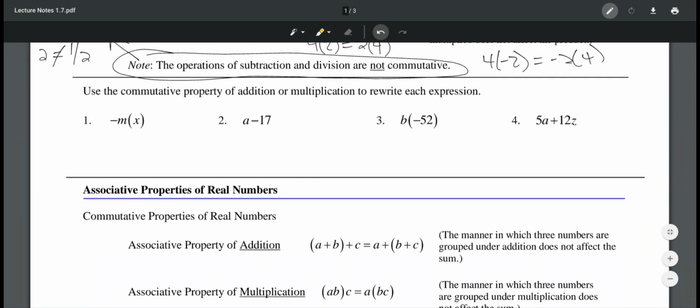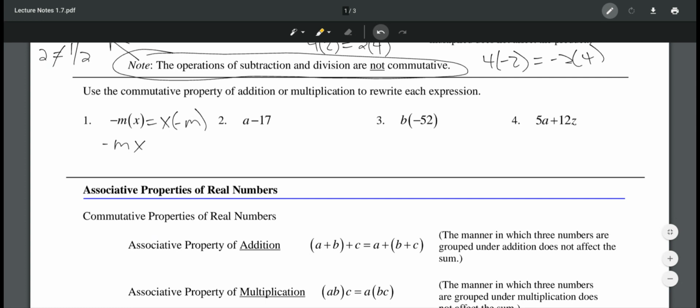So this says to use the commutative property to rewrite each expression. Negative m times x is just negative mx. A negative times a positive is still a negative. But if you were to rewrite it, you should be saying x times negative m.